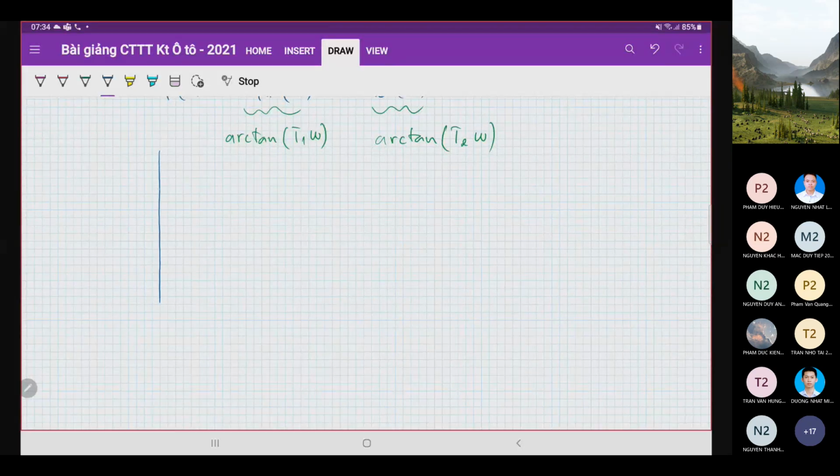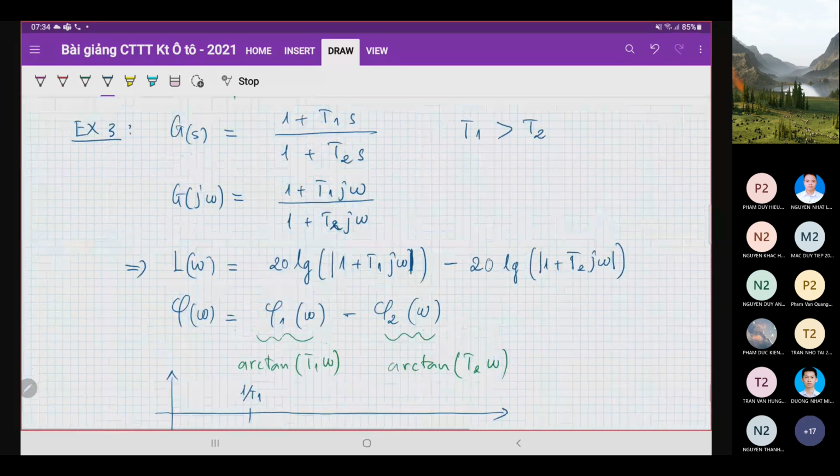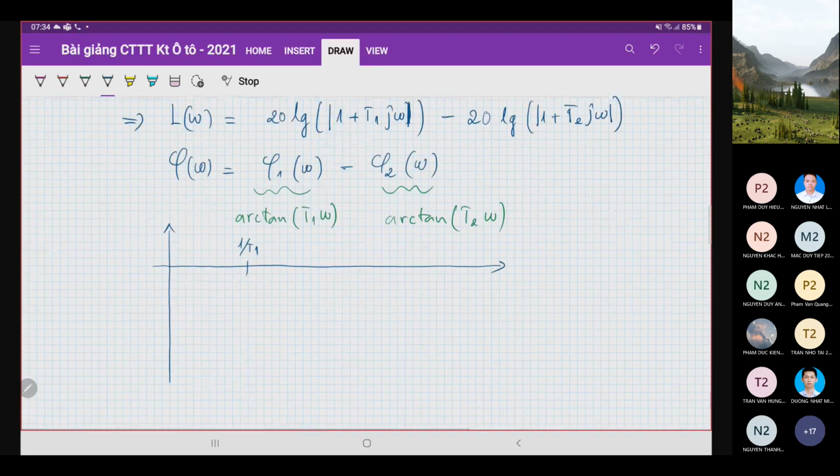I will try here. The first one is the magnitude. We have 1 over T1 here, because we assume that T1 is greater than T2, okay?